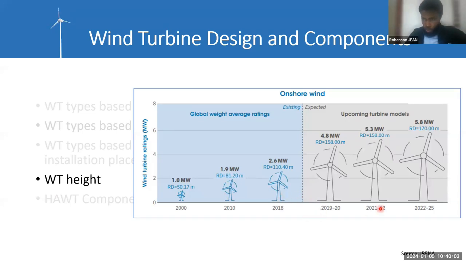You can see that it is expected, in recent years, like from 2022 to 2025, to have some rotor diameters that reach 170 meters, and this can generate a nominal power, a rated power, around 5.8 megawatts for only a single wind turbine.